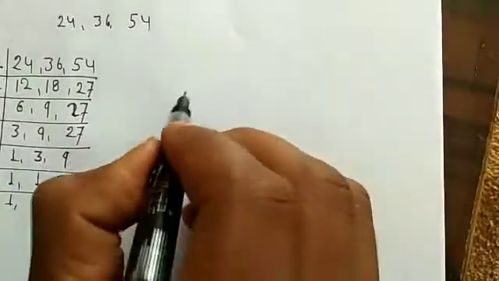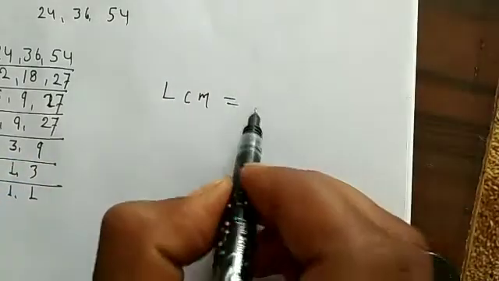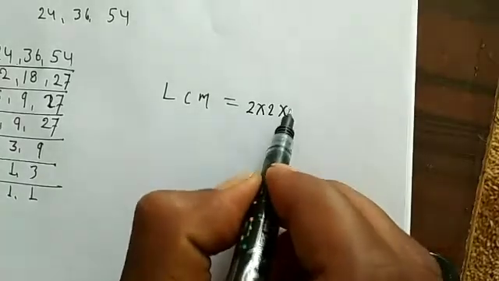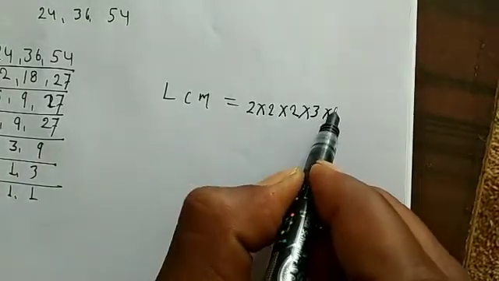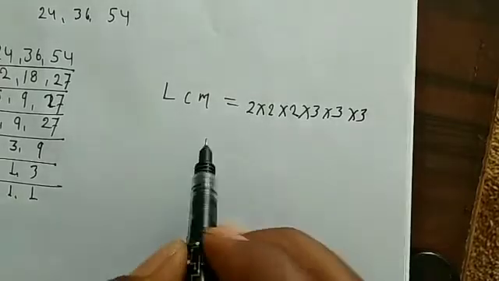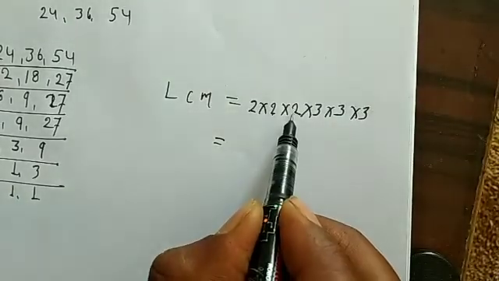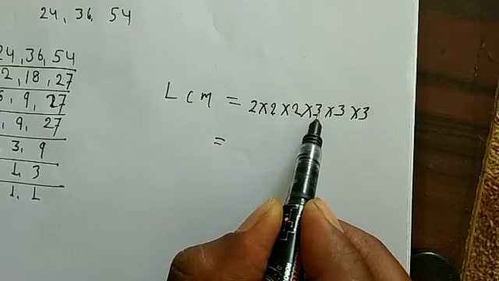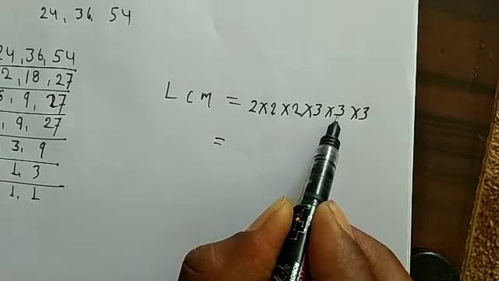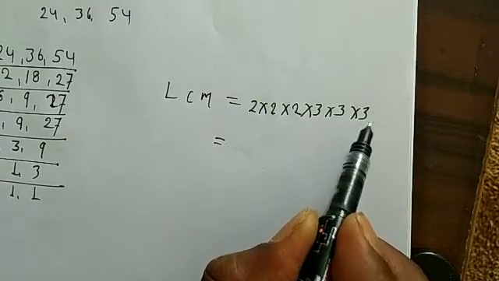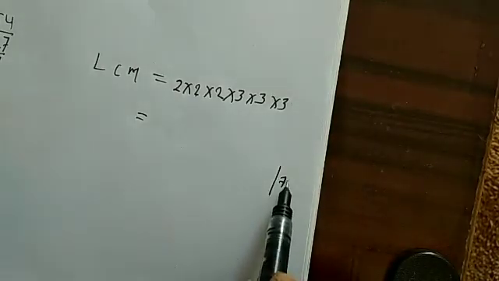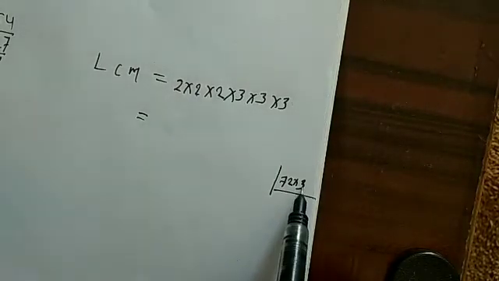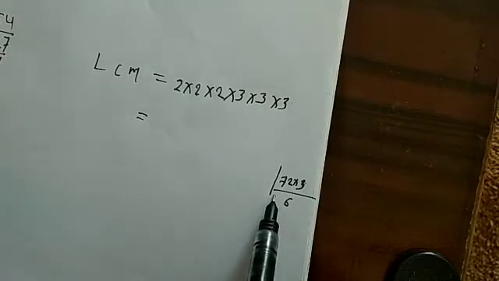LCM is 2 into 2 into 2 into 3 into 3 into 3. 2 2s are 4, 2 4s are 8, 8 3s are 24, 24 3s are 72, and 72 3s are 216.